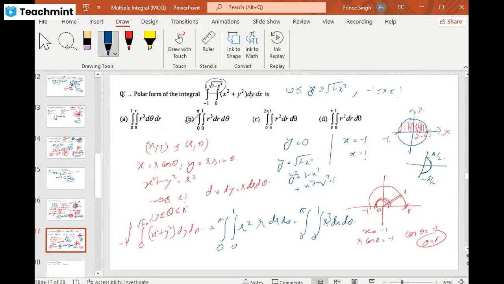Because sometimes we are given an integral in this way: integral 0 to 1, integral minus square root of 1 minus x square to square root of 1 minus x square, which means the value of y varies from circle to circle, but the value of x varies from 0 to 1. So in that case, the radius will remain the same, but the value of theta varies from minus pi by 2 to pi by 2.